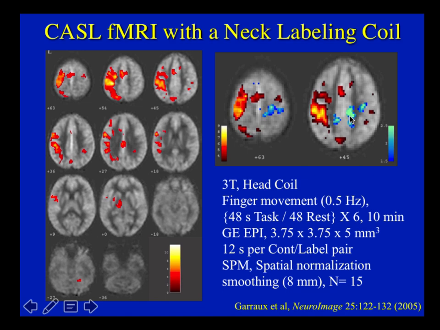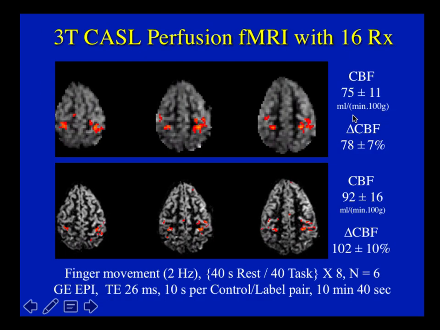So in this particular case, I'm showing only the fact that we can isolate the locations of changes in blood flow. In addition to that, when you perform ASL-based functional MRI studies, we can actually quantify the changes in blood flow during the task that you're performing.